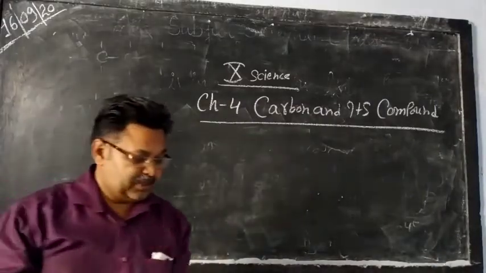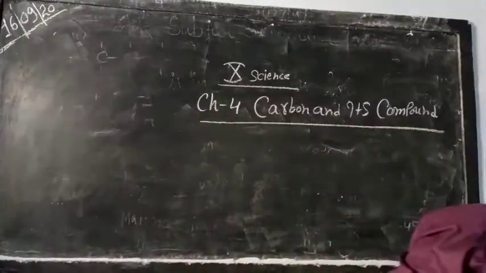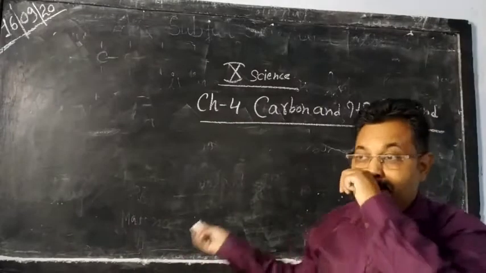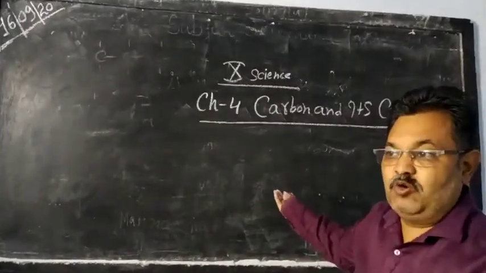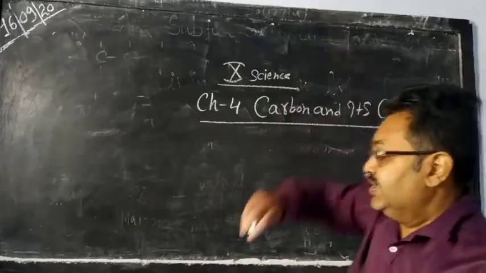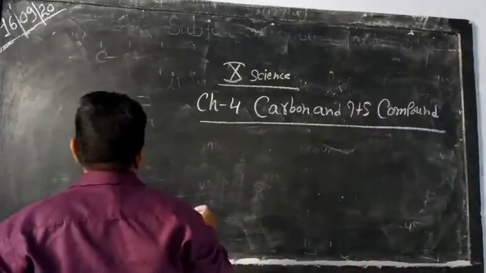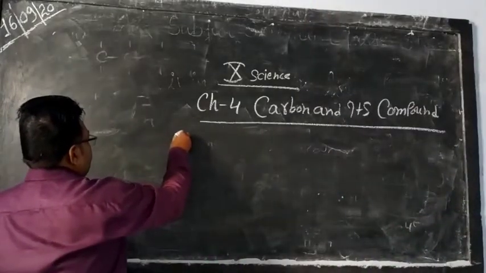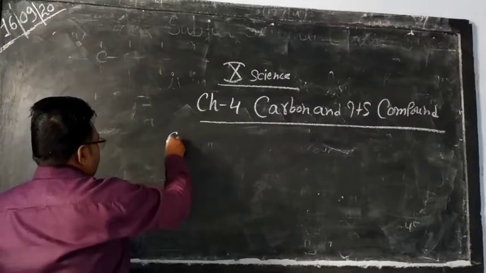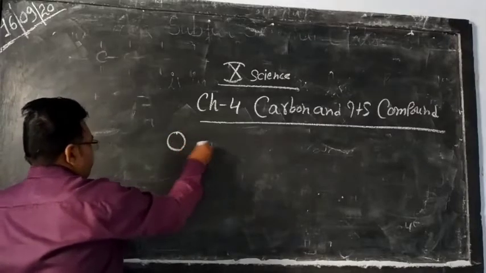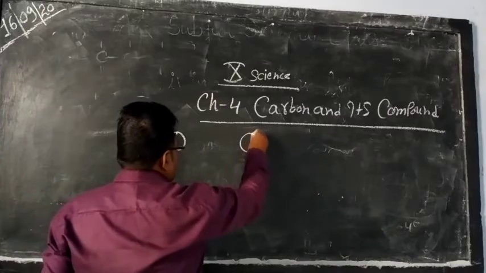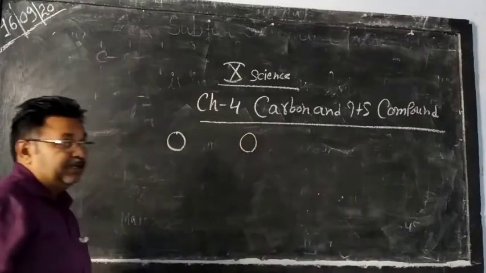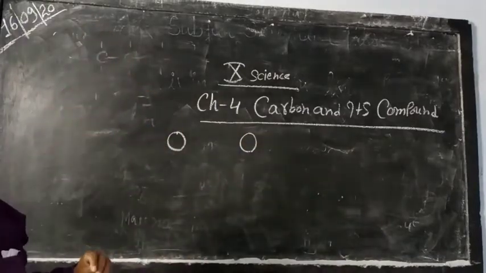Let's see types of covalent bond. You can see the first example of covalent bond in methane. In a similar way, this is the example of double covalent bond.